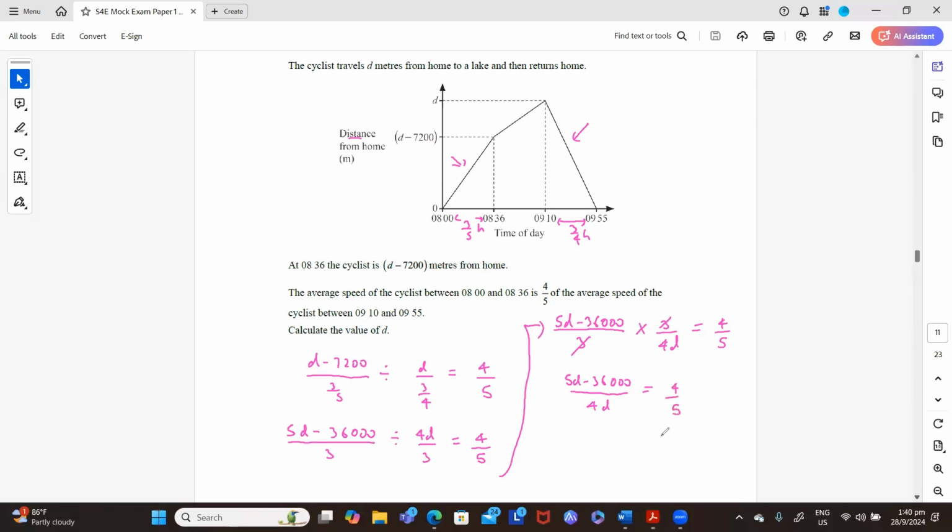Okay, do your cross multiplication. You get 25d minus 180,000 equals 16d, which means 9d is 180,000. D is 20,000. So the value of d is 20,000.